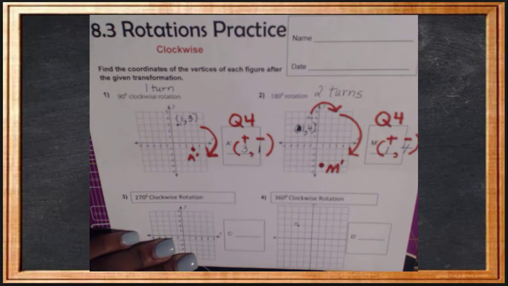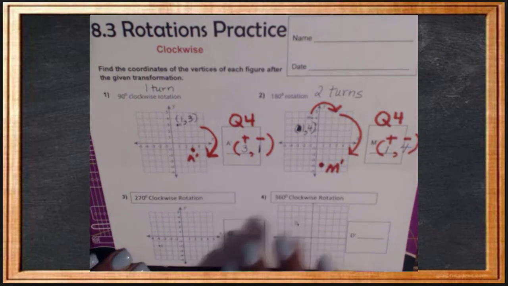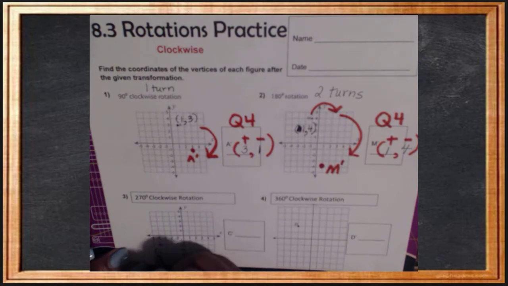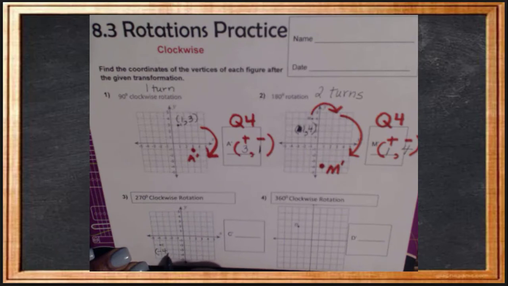All right, let's take a look at number 3. Number 3, we're asked to do a 270-degree clockwise rotation. All right, so number 3, point C. Point C is located in quadrant 3. The ordered pair is X is negative 4 and Y is negative 2.